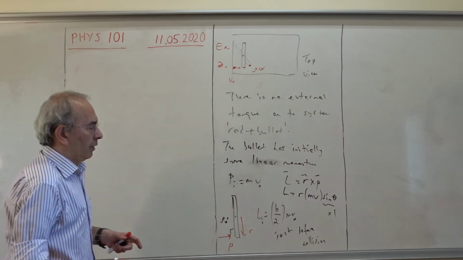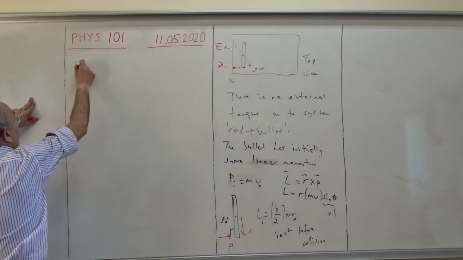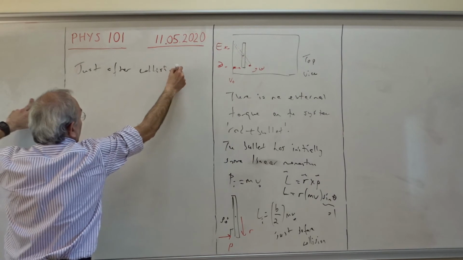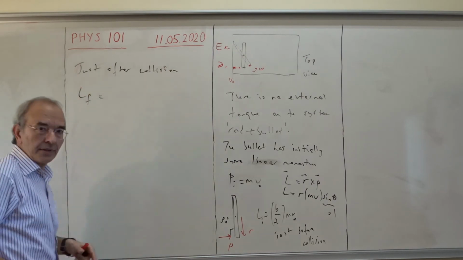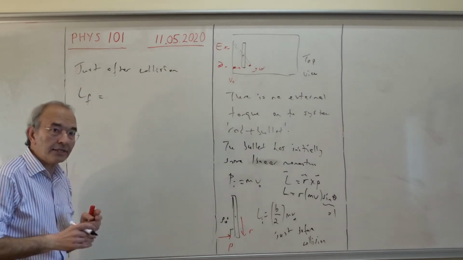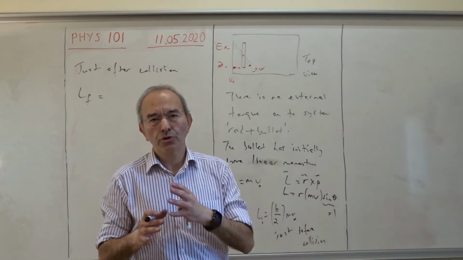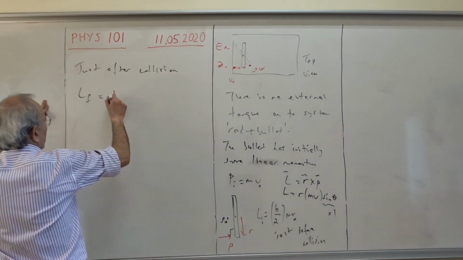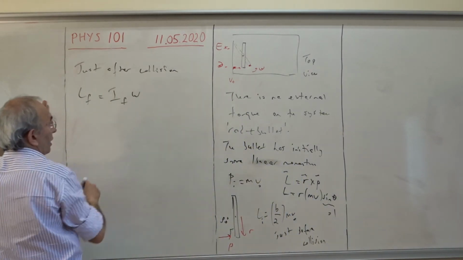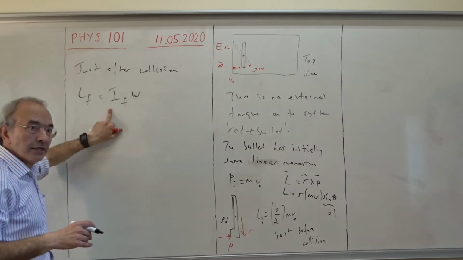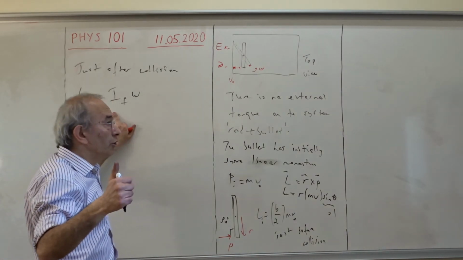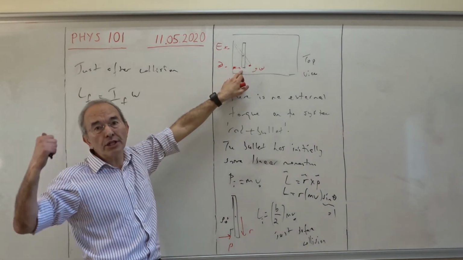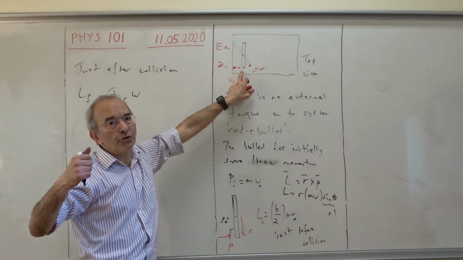Next, just after collision, what is L final? L final is written as I times omega, rotational inertia times the angular velocity. What is I final? Now I final consists of two terms. One is the inertia of the rod, the other is the inertia of this point particle, which we already learned at the beginning of the rotational part.